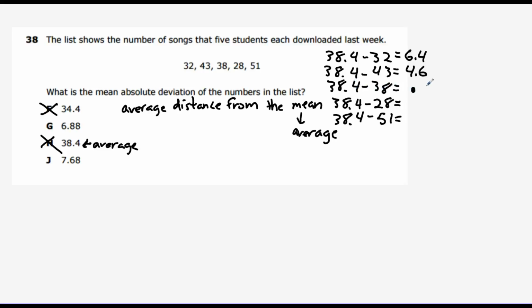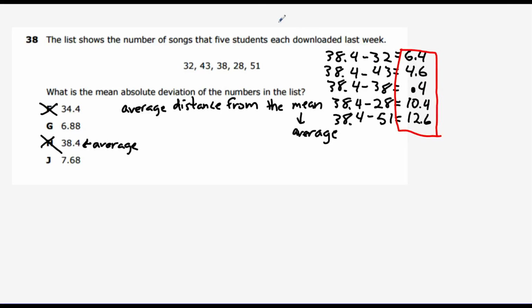So 38.4 minus 38 is 0.4. This right here would be 10.4. And 38.4 minus 51, negative 12.6, or just 12.6. Okay? So now I'm going to take the average of these 5 numbers.